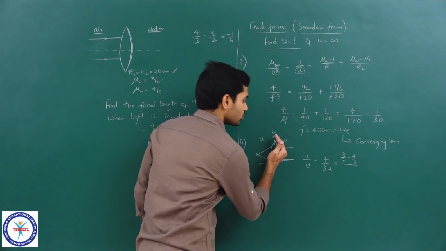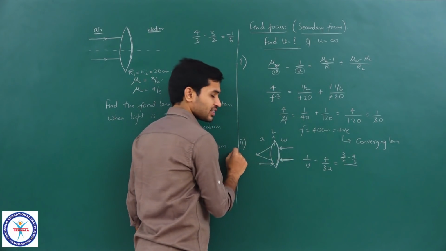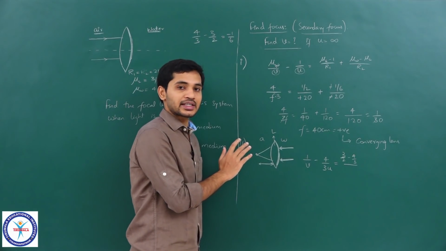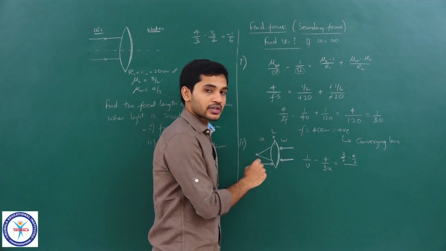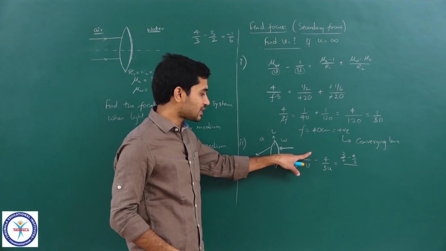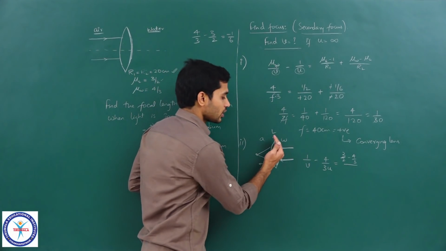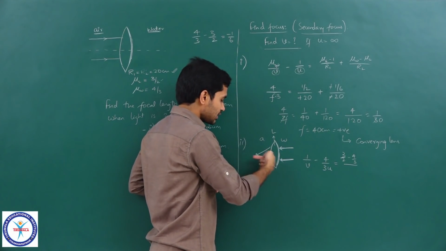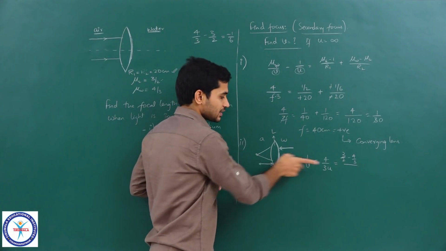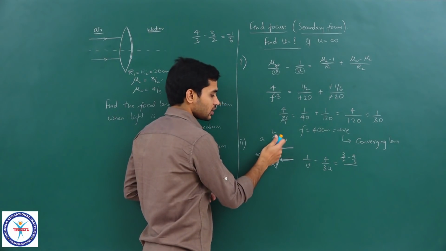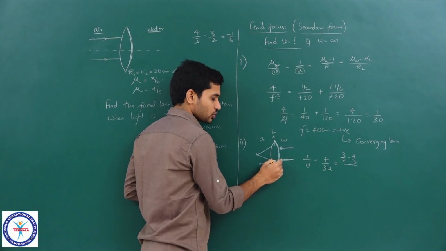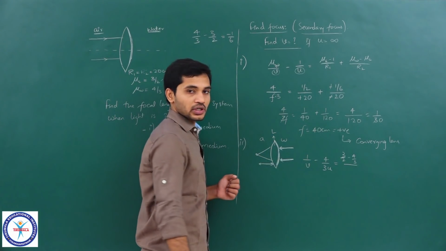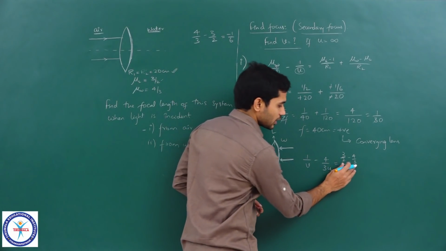Don't think that because this has a curvature like this, center is on this side, it means negative. That is not how we should understand. Which side is negative and which side is positive depends on the direction of incident rays. Here the light rays are incident in this direction, correct, which means this side is positive and this side is negative. So for this I should be substituting plus 20, for this I should be substituting minus 20, right. Okay, let us do that.